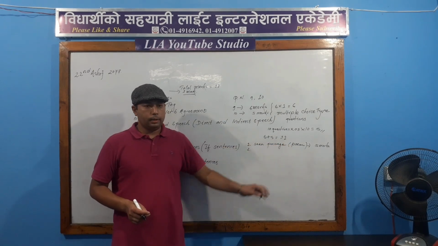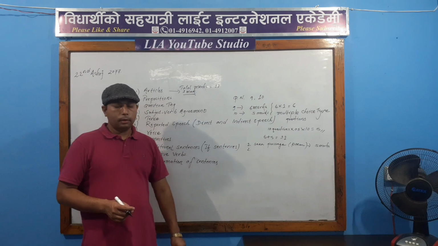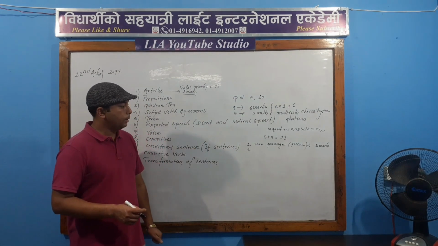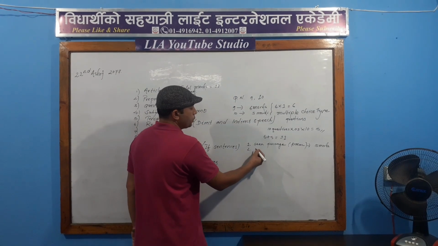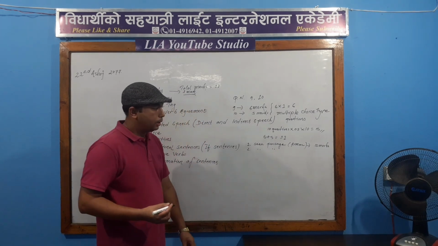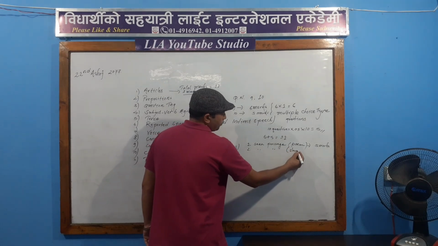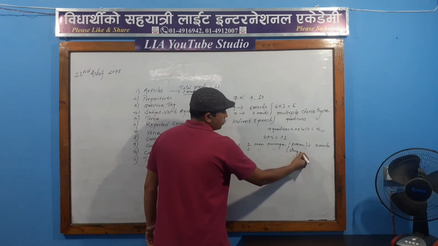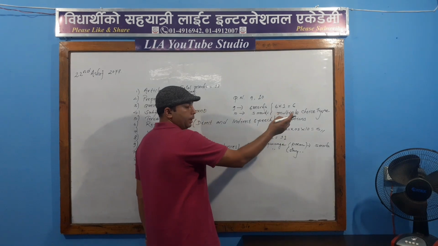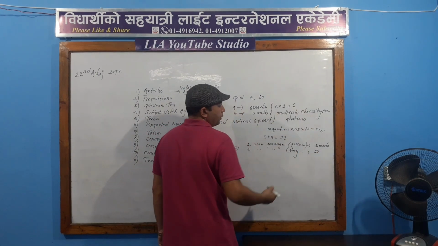Among them, one will be asked, and the poems are very interesting as well as very important. And question number 2 is also from the seen passage, but it will be asked from other texts like story, interview, essay, etc. So it will be asked for 10 marks.